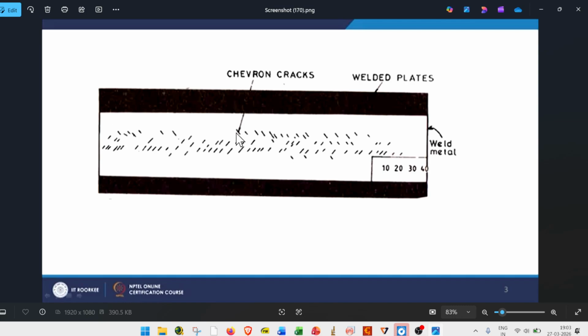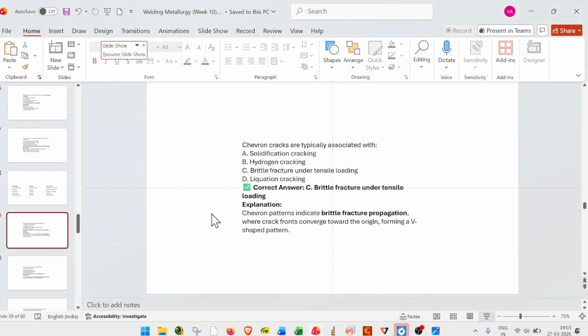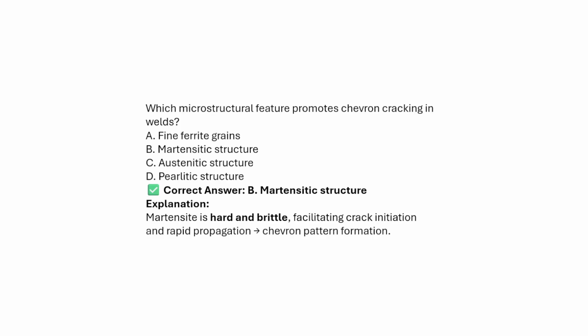Because of that, this fracture will take place at a 45 degree angle, and that will result in this kind of cracks. Okay, those chevron patterns form during rapid brittle fracture, typically in harder, low toughness material.